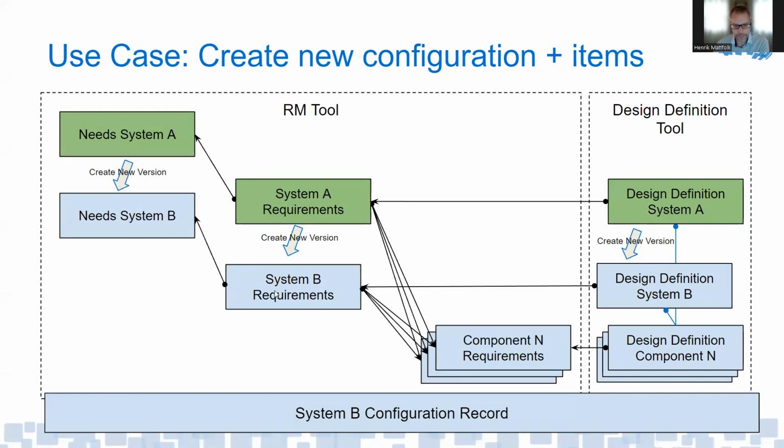So I don't need to deal with that manually after I manually created new versions for those. And of course, initiating a new configuration record for system B can automatically include those in the system B configuration record. So that is a more automated way of looking at it, and it would be fantastic to be able to do that.